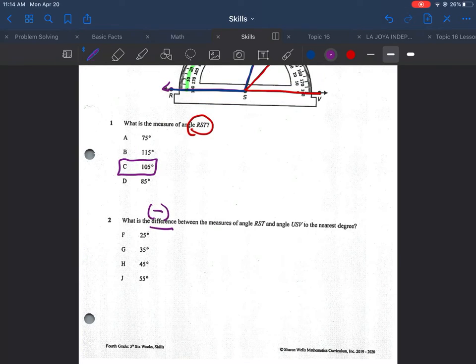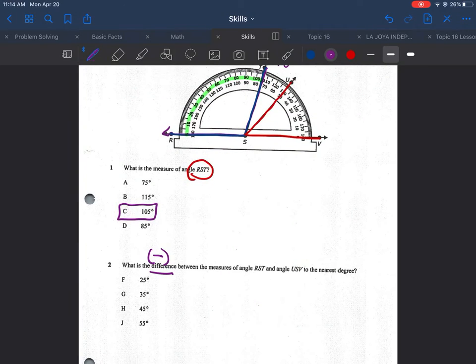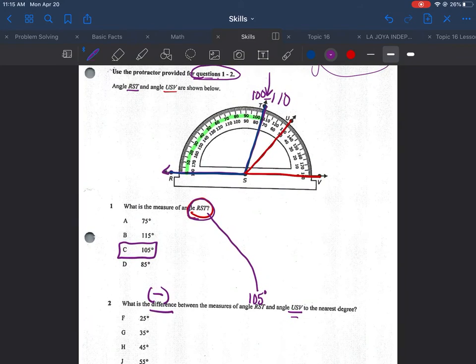Question number 2. What is the difference between the measure of angle RST and angle USV? Remember that we already got RST; RST was 105 degrees. We do not have angle USV, so I'm going to come back to the top and find the measurement for angle USV.